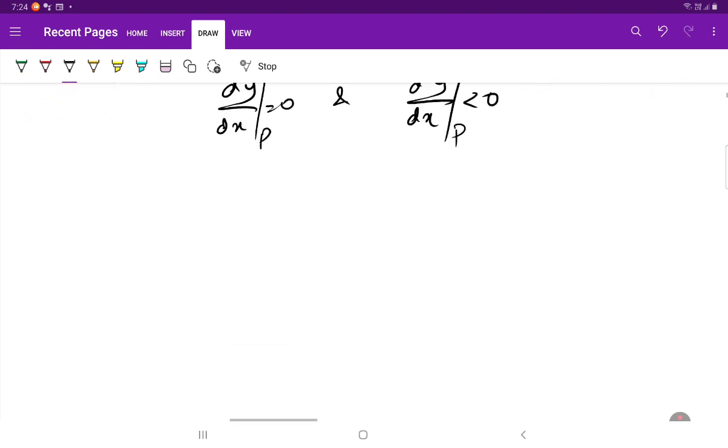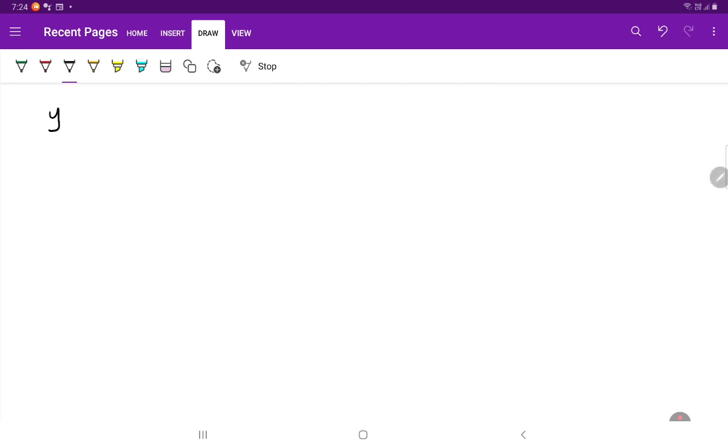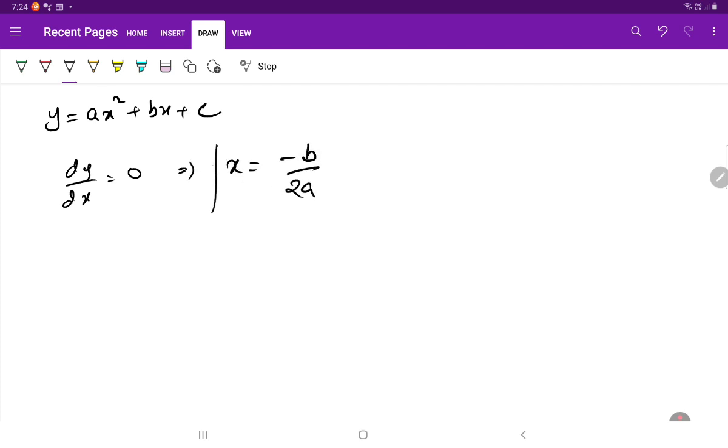Our first example: y is equal to ax square plus bx plus c. Now we need to find the point at which the maximum or the minimum, whatever it comes, occurs. For that you put dy by dx equal to 0. From here you will get the x coordinate to be minus b by 2a. So at x equal to minus b by 2a, the curve attains the extreme value.